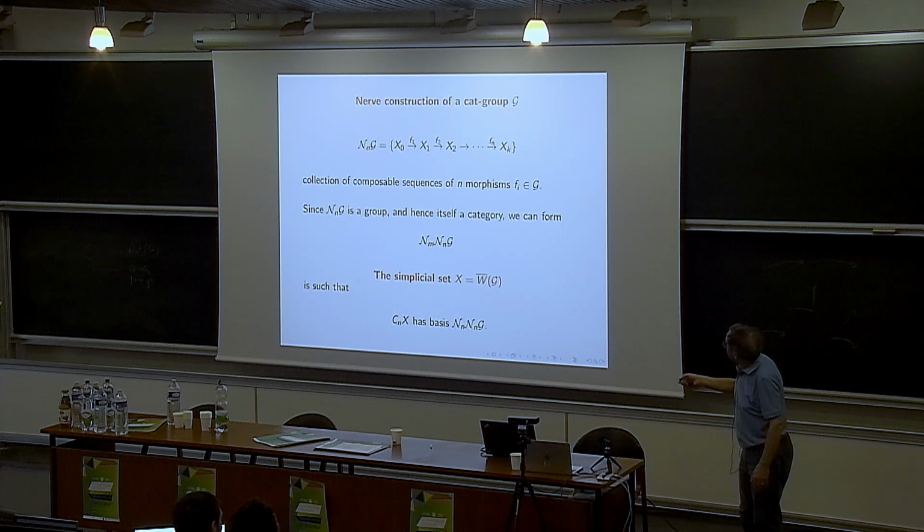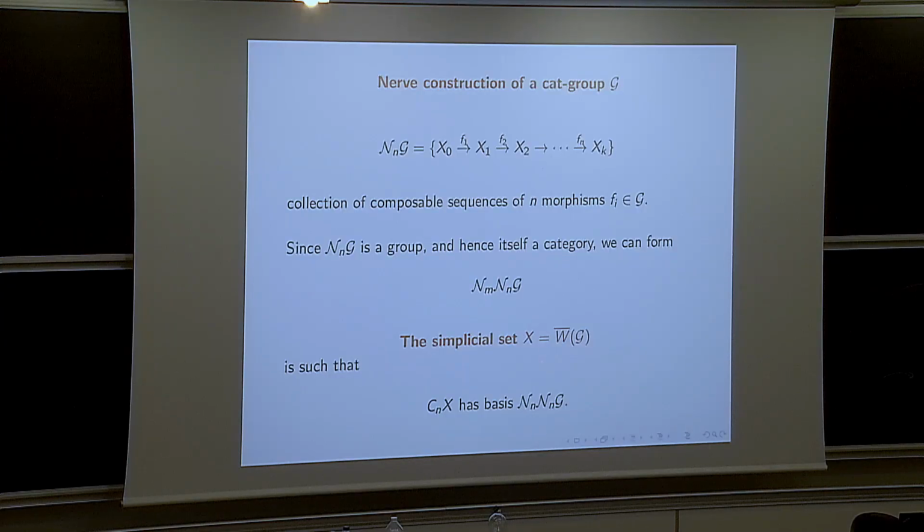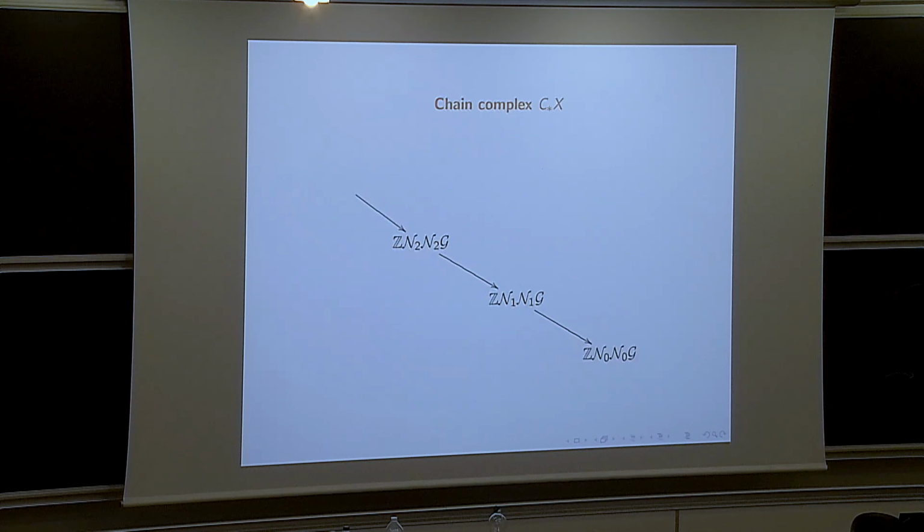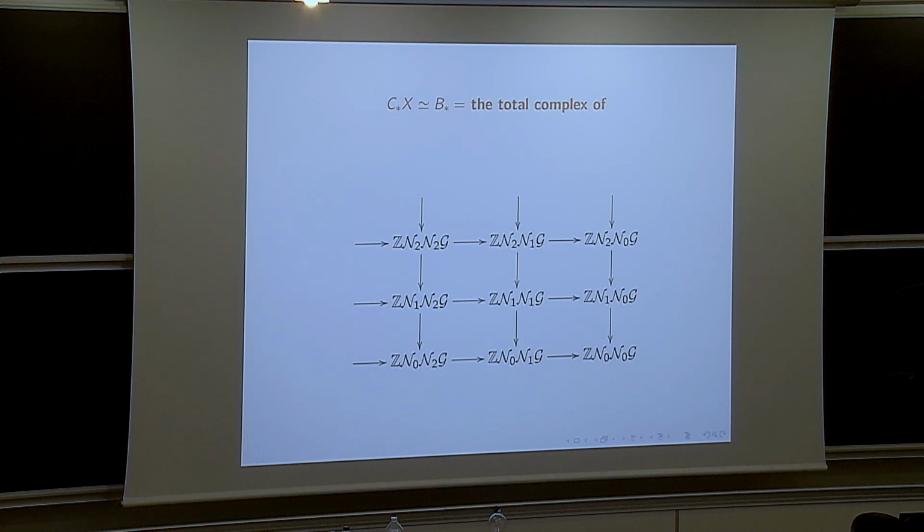The chain complex associated to W bar is going to be a chain complex of free abelian groups generated by these rather large sets. How do you define the morphisms in the chain complex? Well, you actually end up getting a bicomplex in the first place.